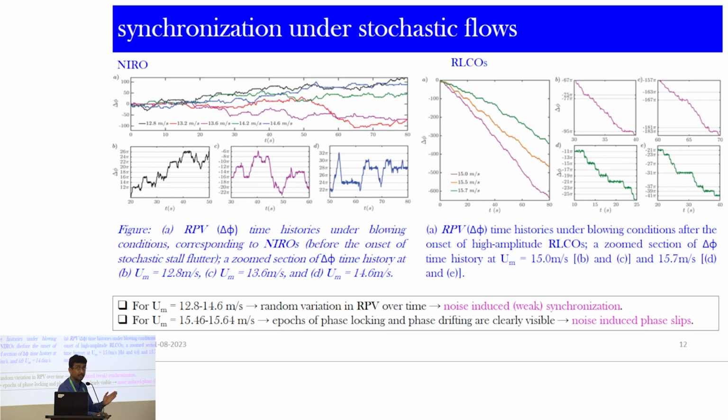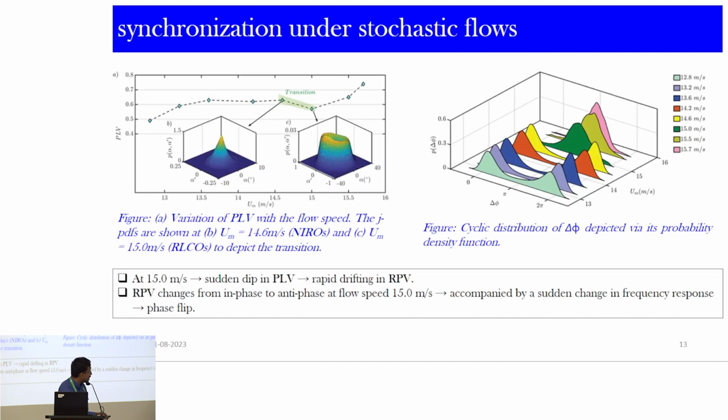So the transition from noise-induced intermittency or oscillation to noise-induced stall flutter is not so clear. Here we show the PLV. We show that when you have noise-induced random oscillations, there is a lower value of PLV, which makes sense.